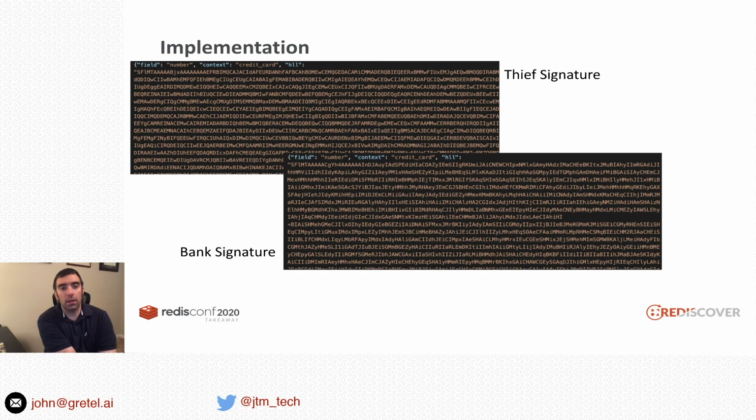It writes them out as a JSON file. Since the field names and the context are the same, the field and context fields match up between the thief and the bank. And then what I've done is simply take the HyperLogLog byte string and write it to a base 64 encoded string before we write it to disk.